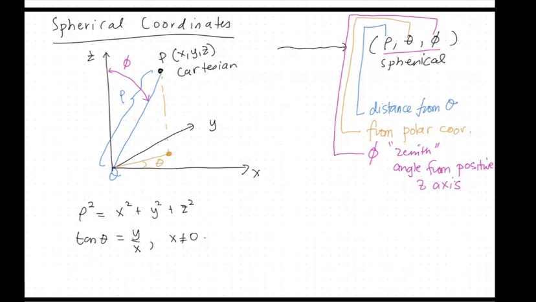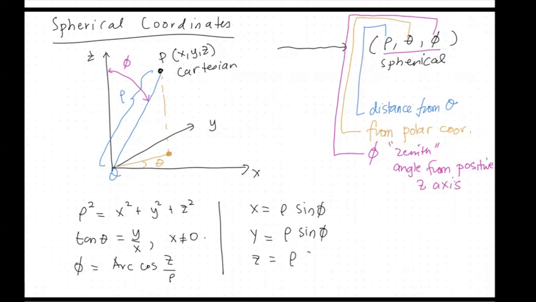And phi is equal to arccosine of z over rho. Then your other conversion here is x. Note that there's an error in your module. This is rho sine phi cos theta, rho sine phi sin theta, and rho cosine phi.